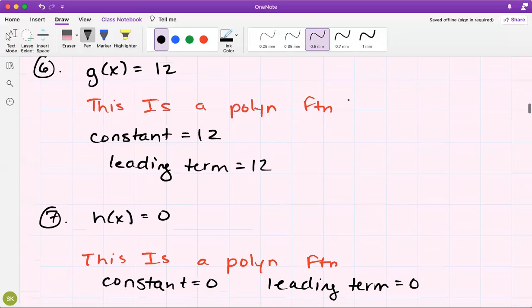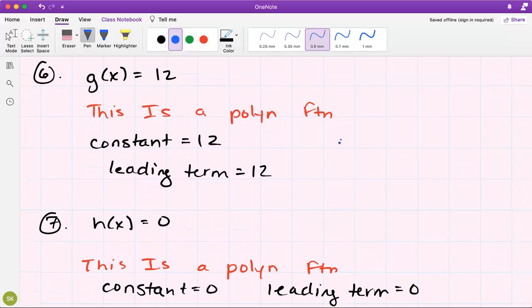The degree for both of these is equal to 0, because 12 is the same thing as 12 times x to the power 0, and 0 is 0 times x to the power 0. So you can see the highest power on x has to be 0.